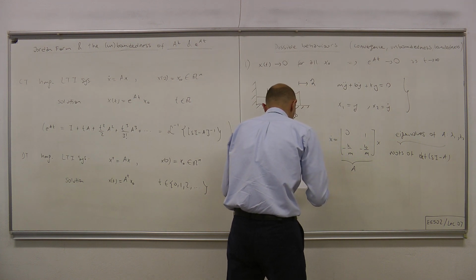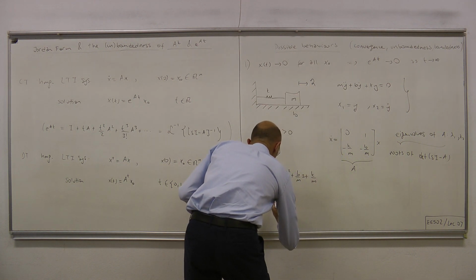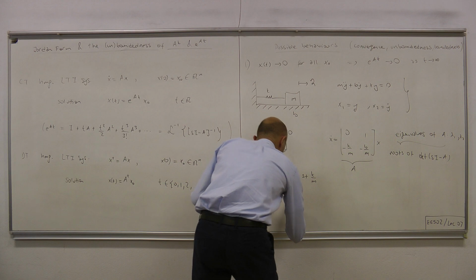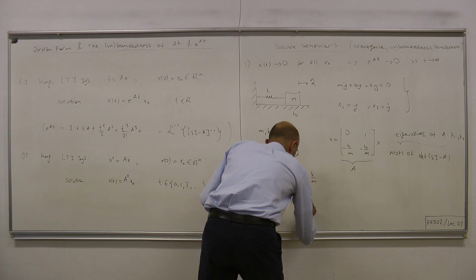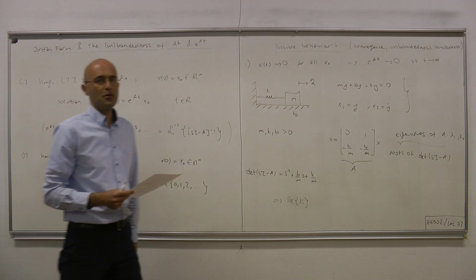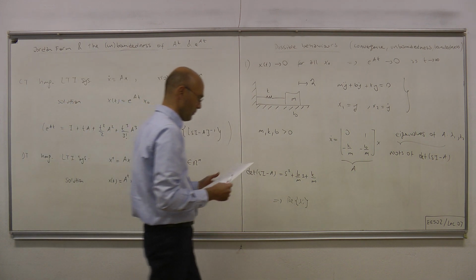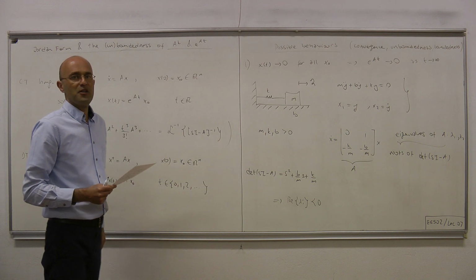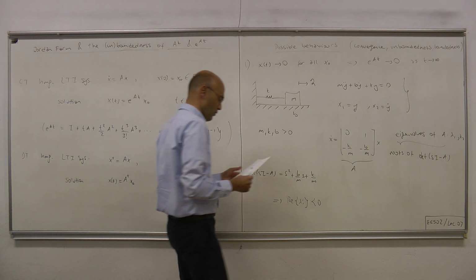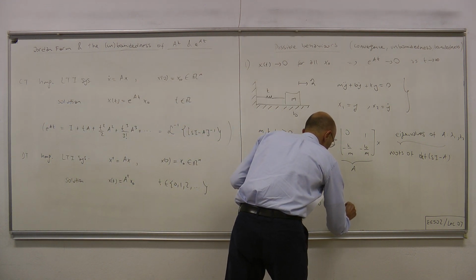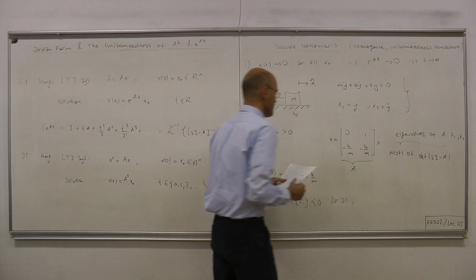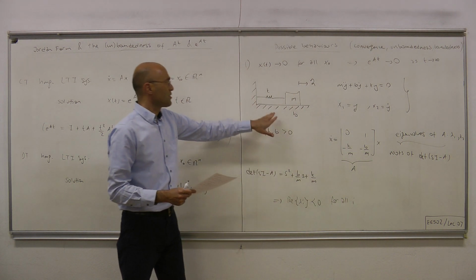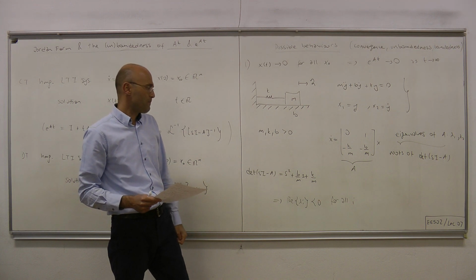In other words, this implies that the real parts of all eigenvalues, lambda 1 and lambda 2, are necessarily strictly less than 0. So this is the case for this very simple example.